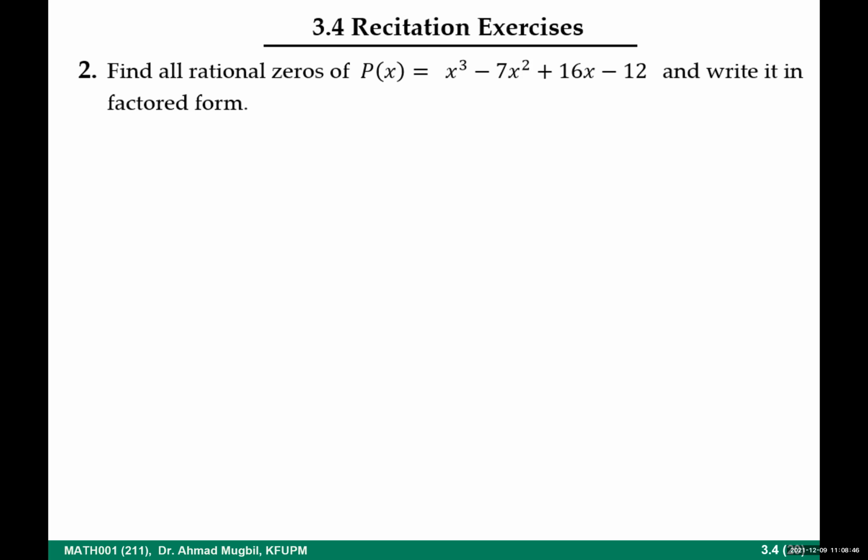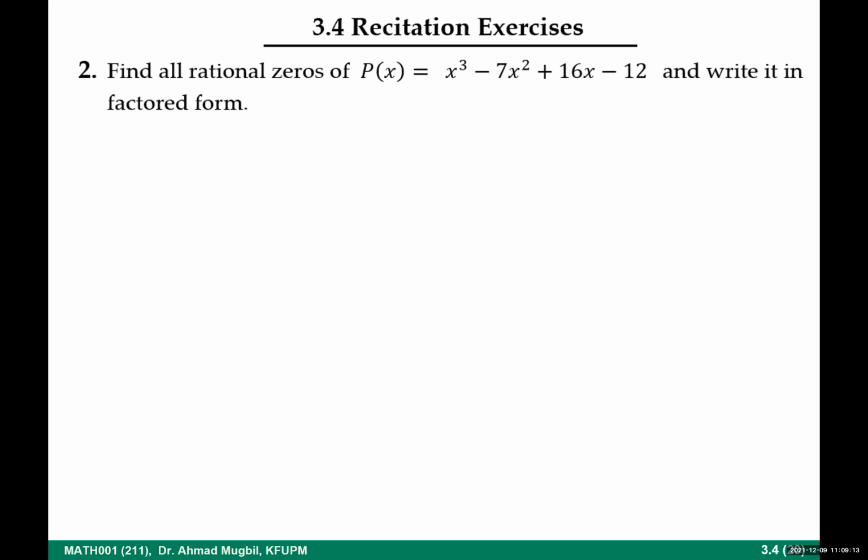Clearly 1 is not a zero. If you just use substitution for 1 and -1, the problem is that you will do it twice. If it is a zero, you will then apply synthetic division. So I advise you to try the synthetic division, especially for the roots other than 0.